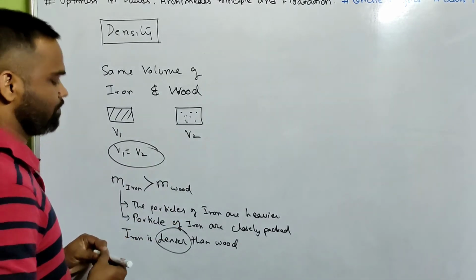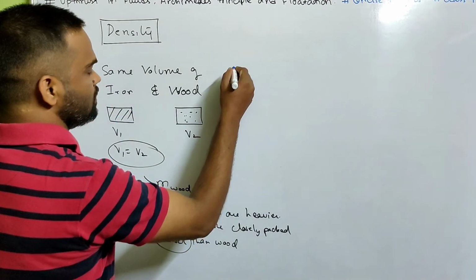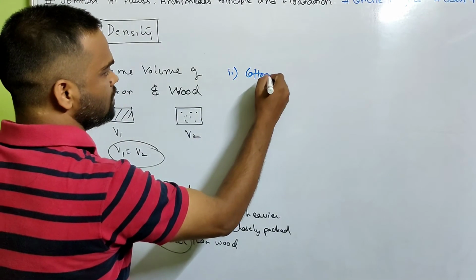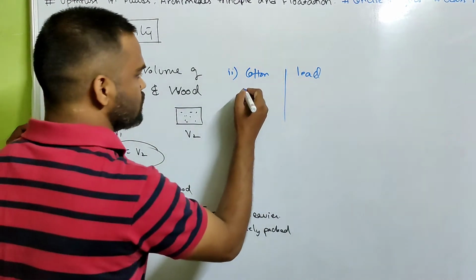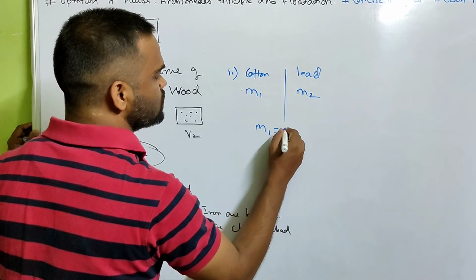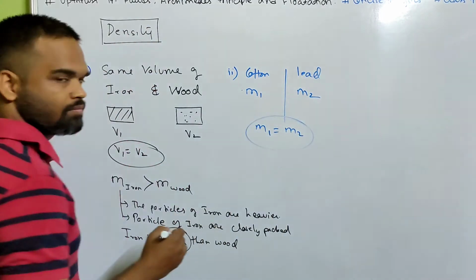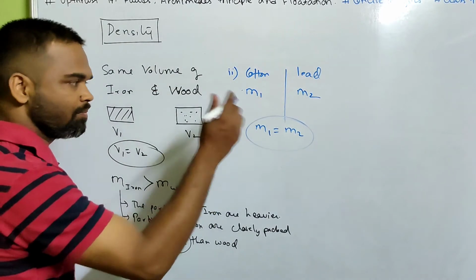Take another scenario where we have taken, suppose, cotton and lead, and the masses are the same. Suppose this is M1, M2, and M1 equals M2. But still we will observe that the volumes are not the same.